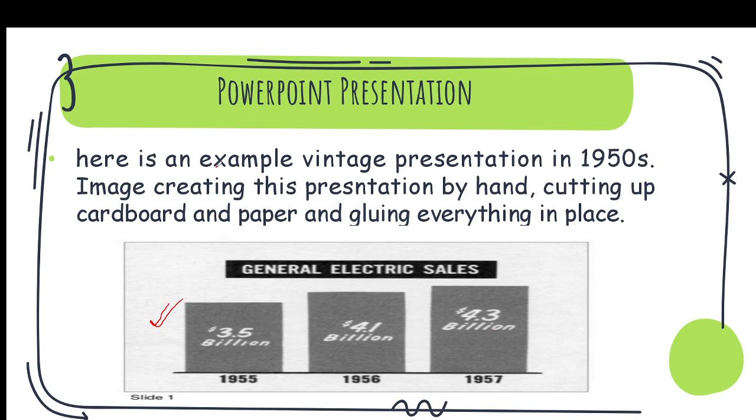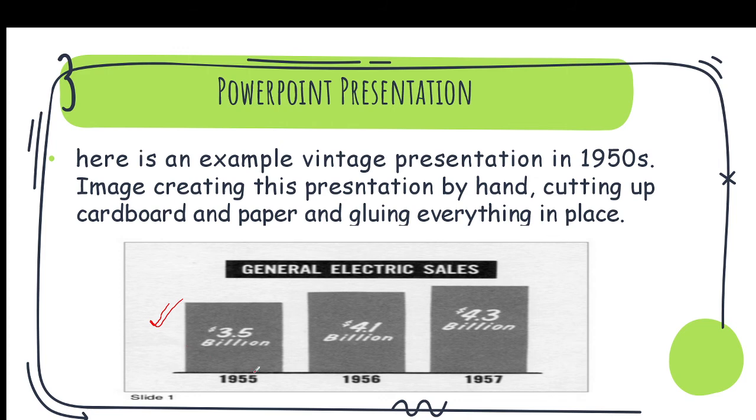So here is an example of a vintage presentation in the 1950s. In the 1950s, people were doing everything by hand. They had to spend days, weeks, and if they made mistakes, you had to redo it from the beginning. So cutting up cardboard and paper and gluing everything in place.